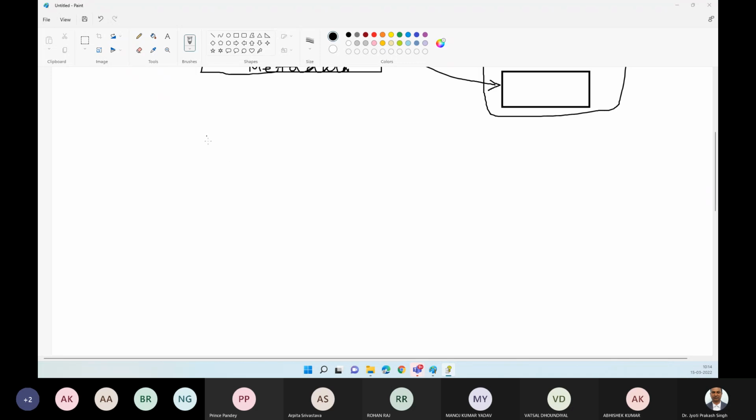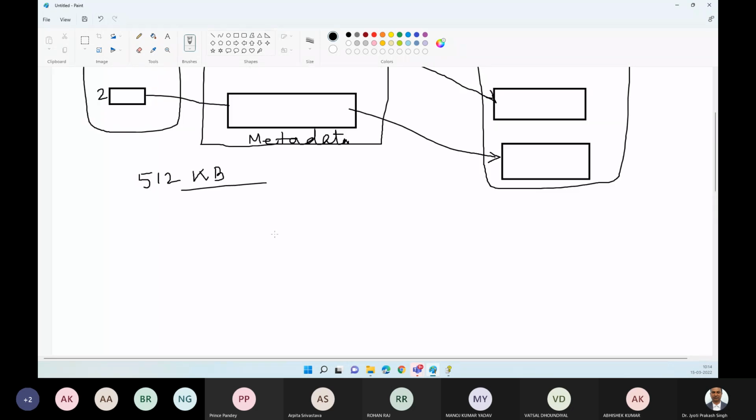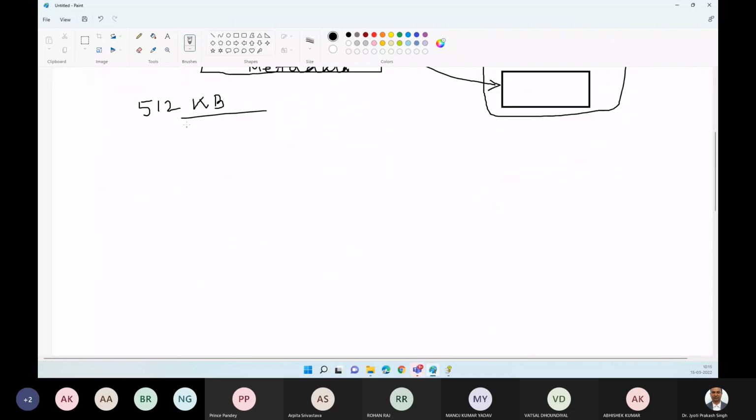One thing you can do: say you have a disk of 512 kilobytes, as I drew at the start of this class, and then I created a file system. When this file system was created, it only used, say, 400 kilobytes.